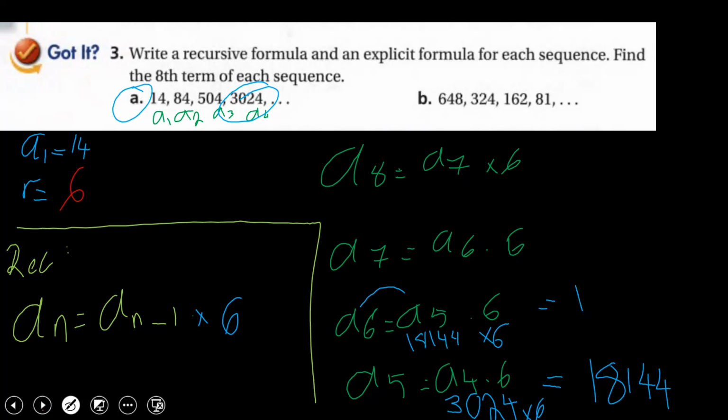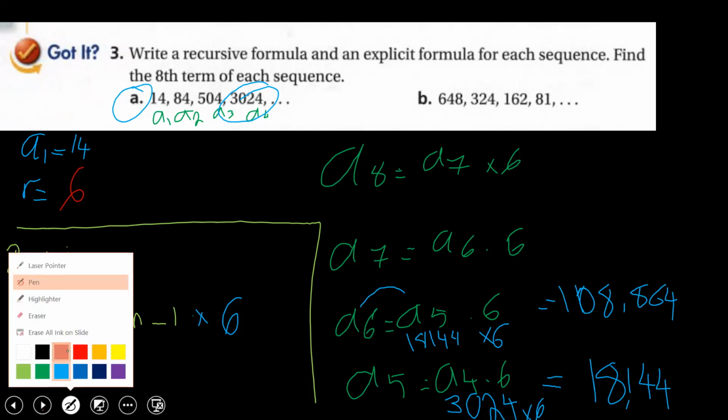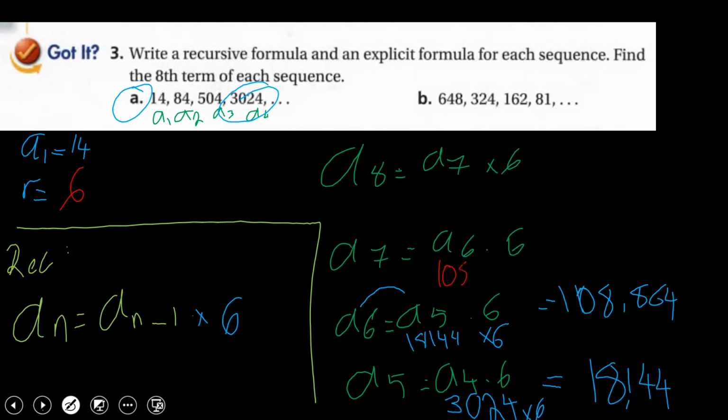So you will get 108864. And this number, which is A6, if you multiply it also by 6, you will get 653184, which will be the 7th term.